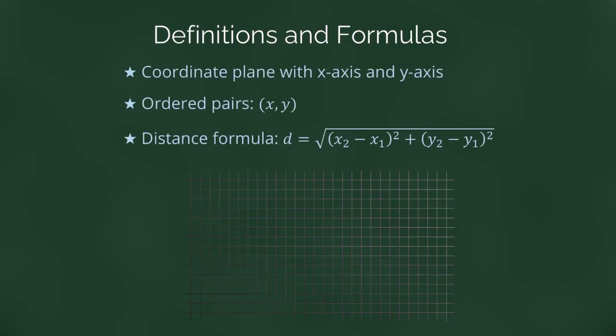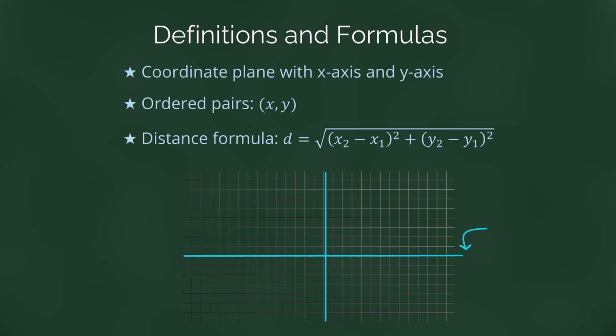Let's start by discussing some key definitions and formulas that will help us understand the Cartesian plane and the distance formula. So the Cartesian plane is a coordinate plane that contains an x-axis and a y-axis. These are drawn as perpendicular lines. So we typically draw them like this.